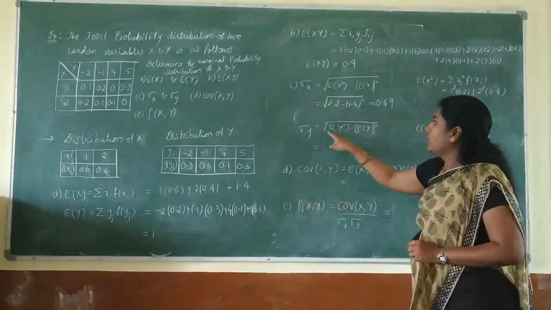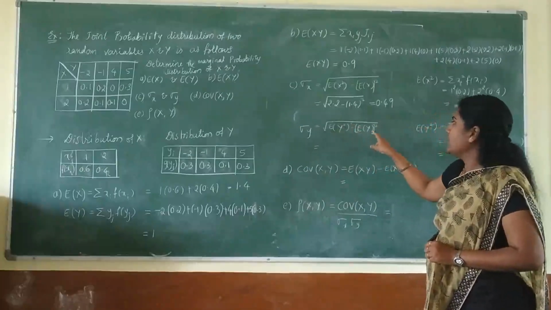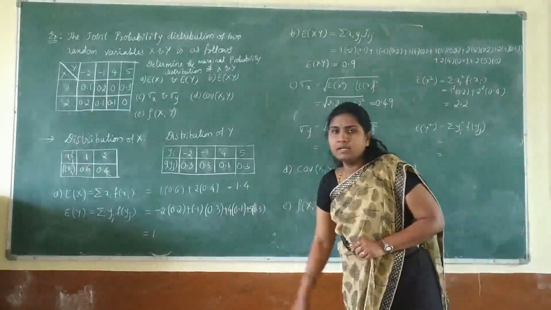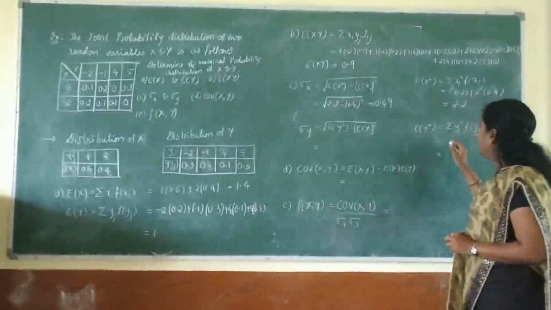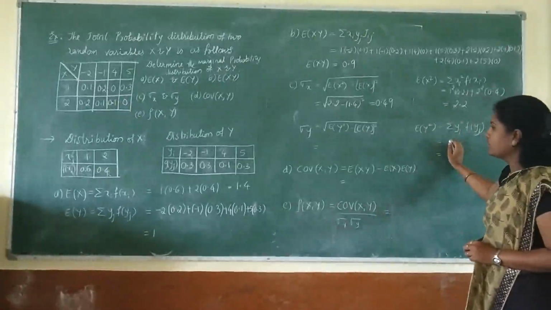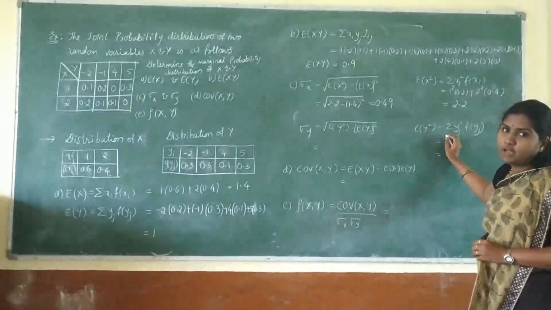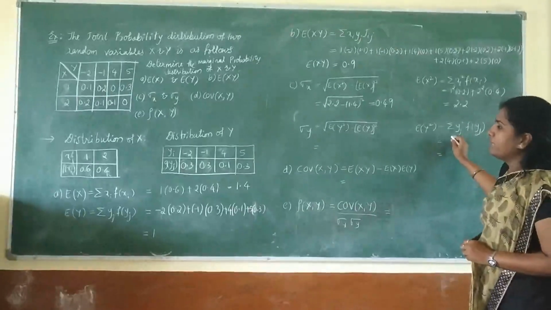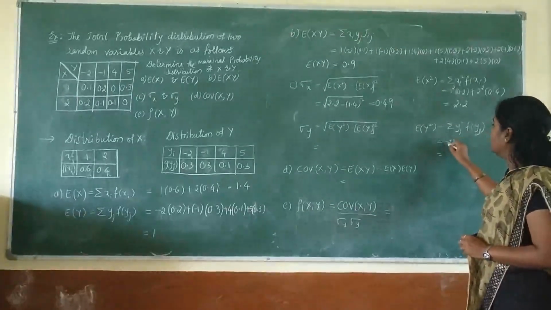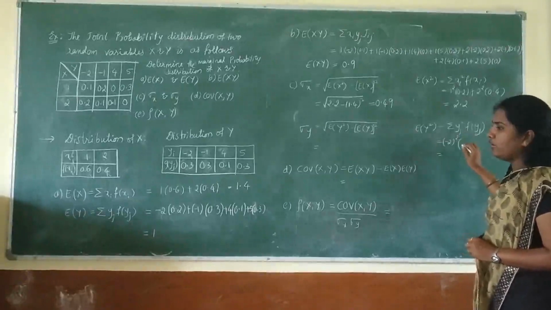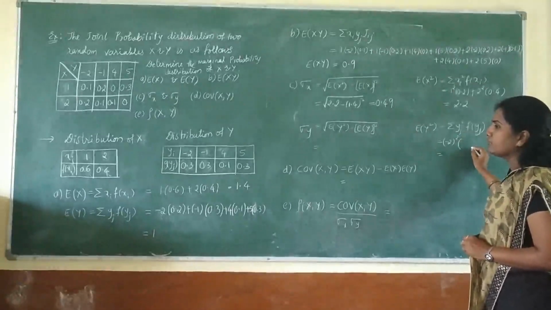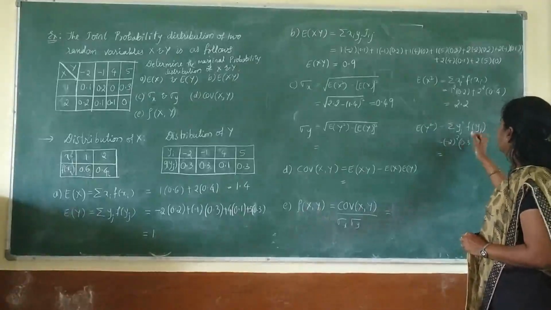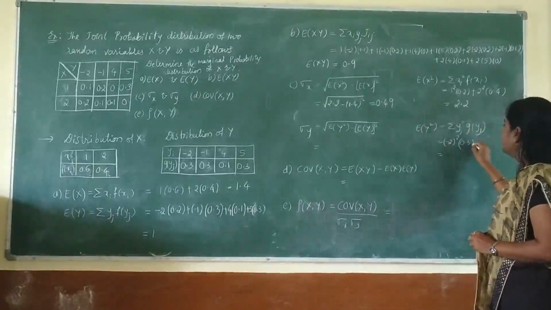That is the square root of E of y square minus E of y whole square. We have E of y as 1. Now we find E of y square, the summation of y square into f of y. First term, y is -2, square into f of y, which is 0.3.